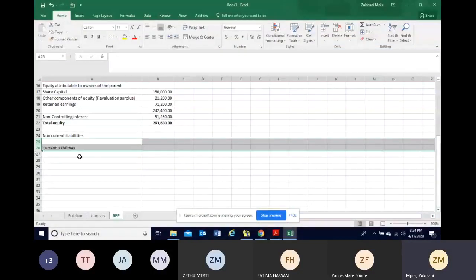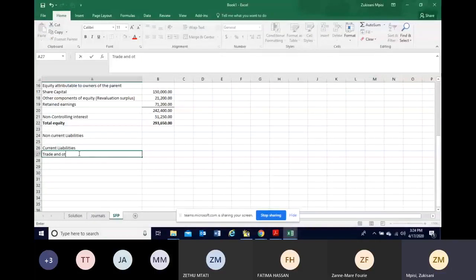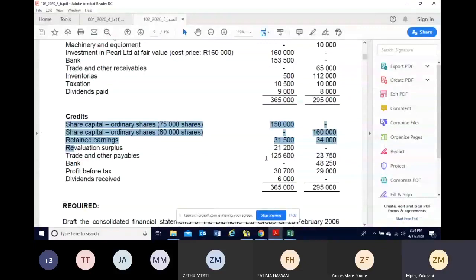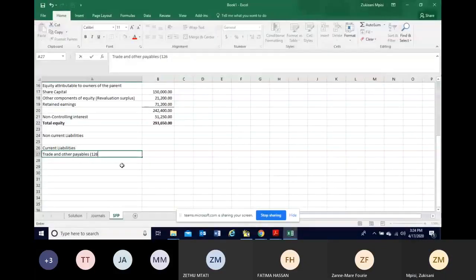So we've got trade and other payables, 125,600 plus 23,750.